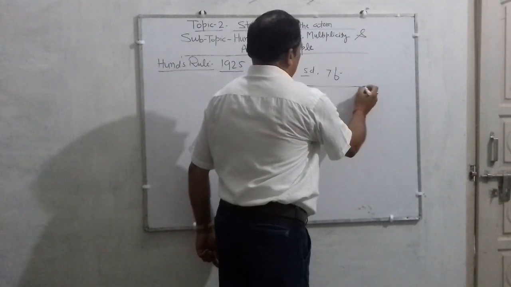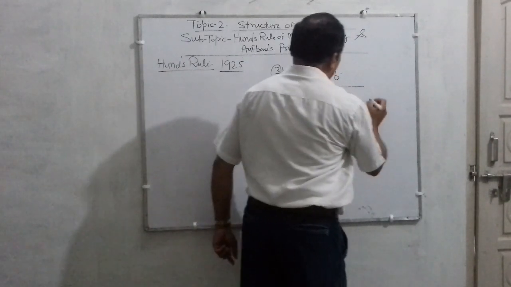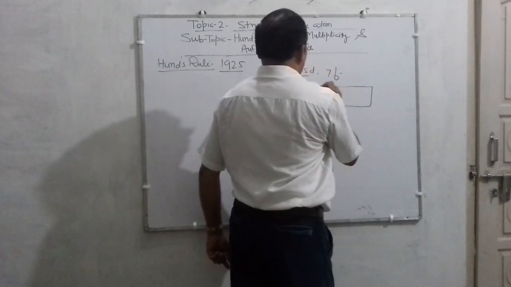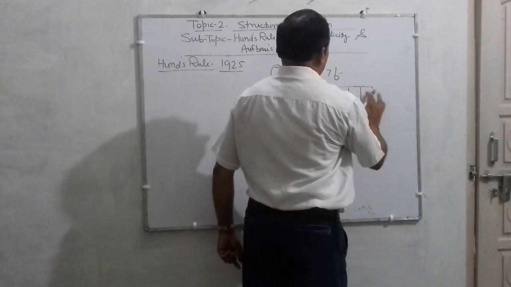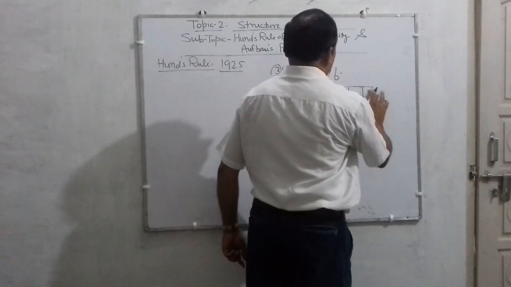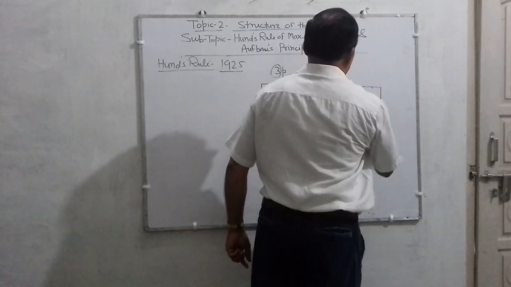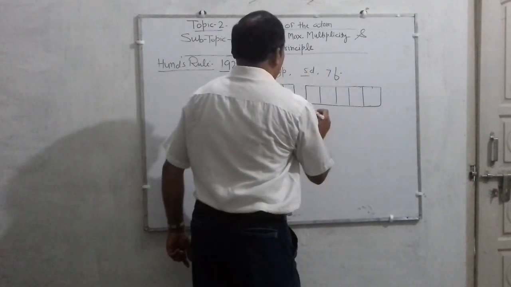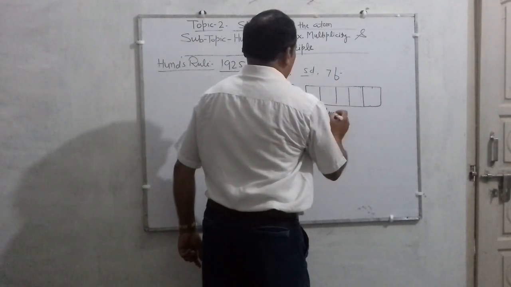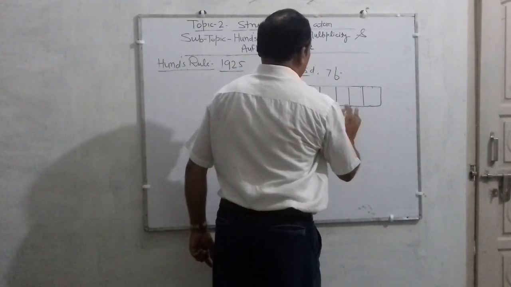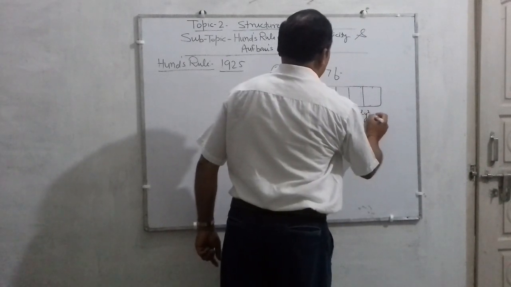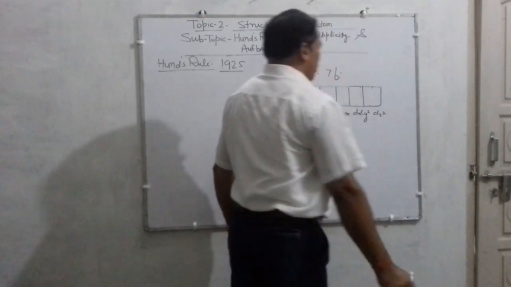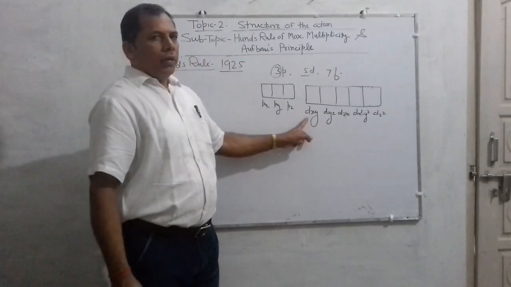Suppose this is your d orbital, and they are named dxy, dyz, dzx, dx square minus y square and dz square. You have to read them as such.